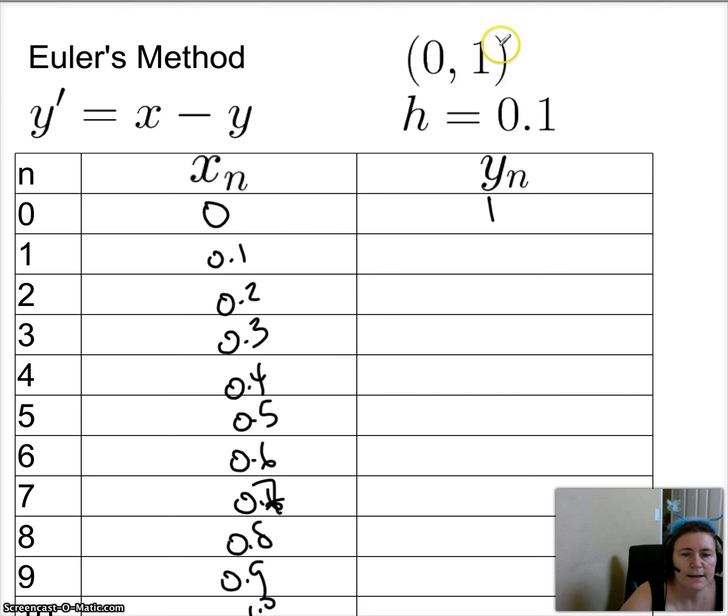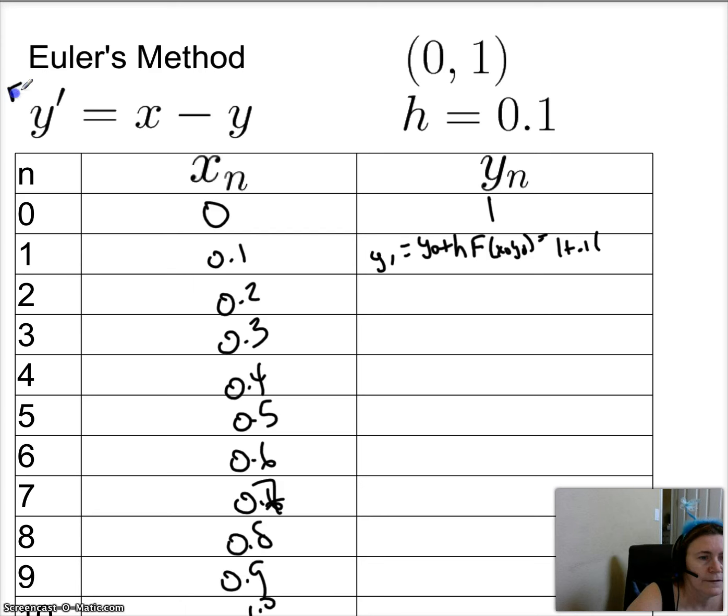All right, now let's find what our y values are. So y1 is equal to y naught plus h times f evaluated at x naught, y naught. So y naught is 1 plus 0.1 times, now what is my f? Now remember this is f. Okay, so it's going to be 0 minus 1, or 0.900.